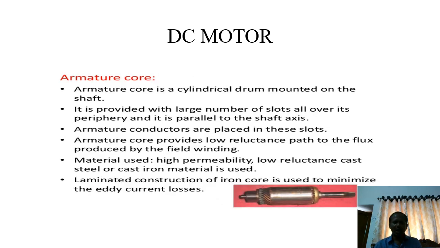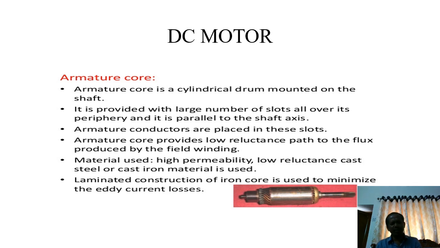Next, the armature core. There is an armature winding placed in between the north pole and south pole. When fluxes pass from north to south, the armature is placed inside the magnetic field.